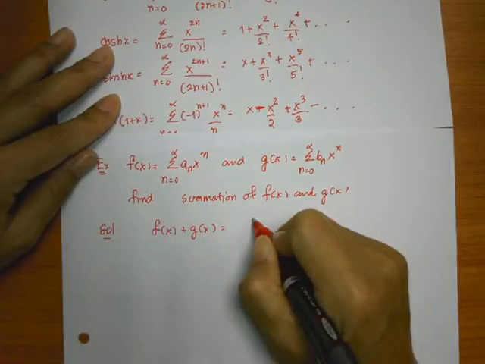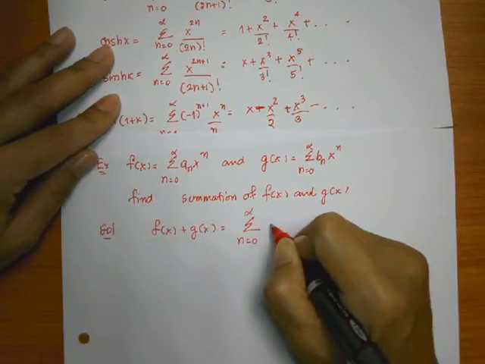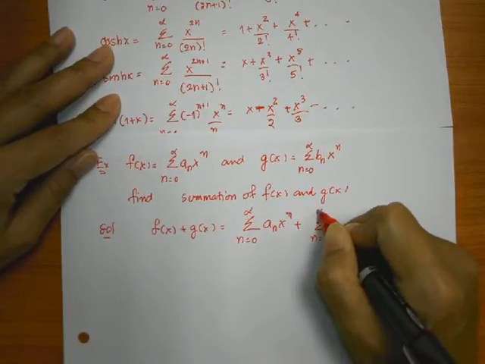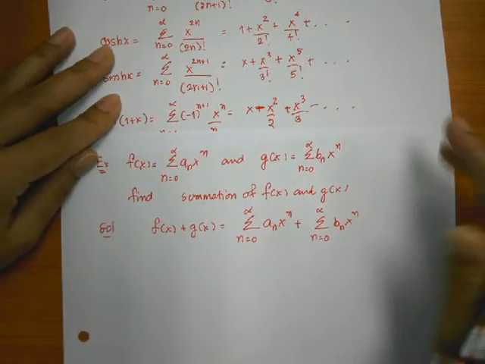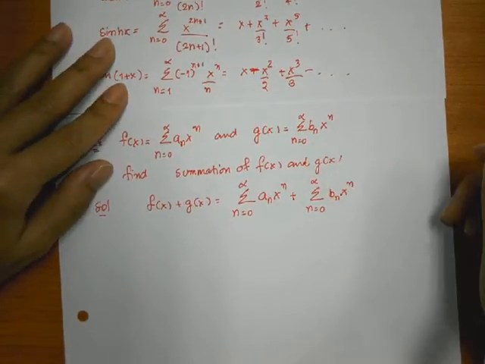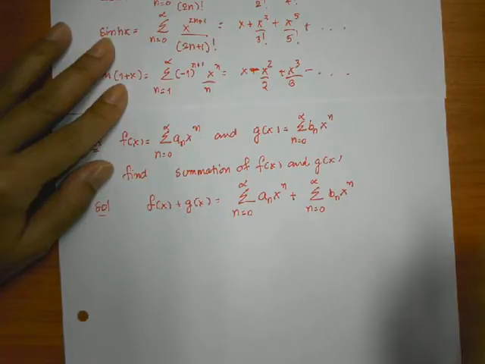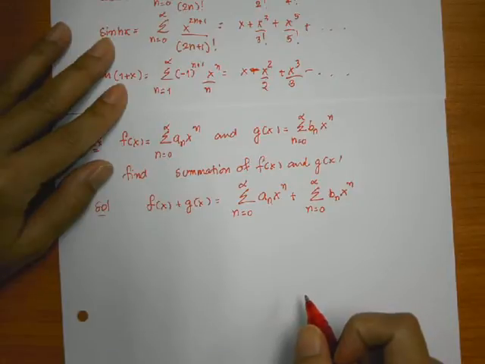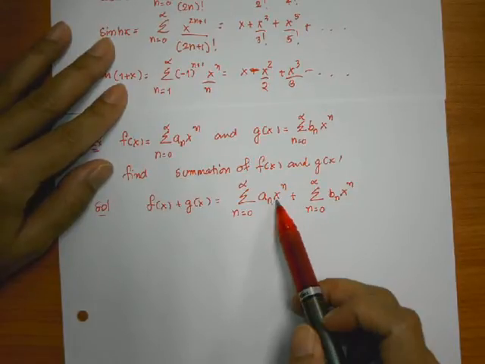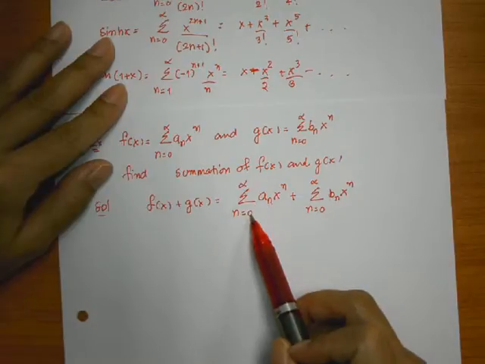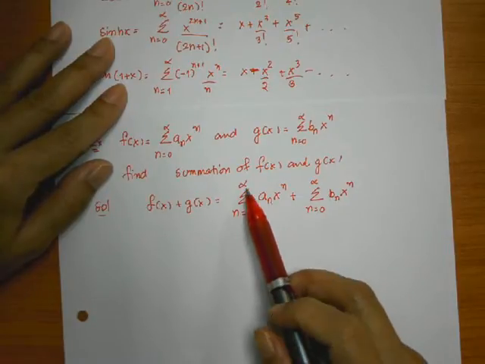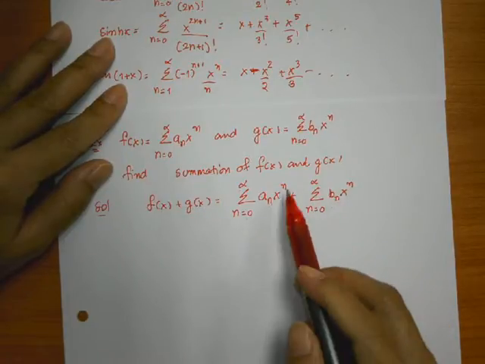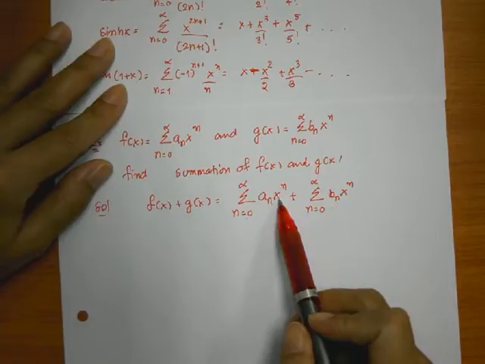Okay, the way that we do it: summation n equal to 0 to infinity. So the a_n and b_n are just constants. If you take a look at this, the limit itself starts from n equal to 0 to infinity for both terms, and both terms have the function of x to the power n.